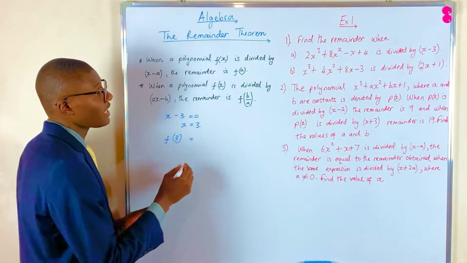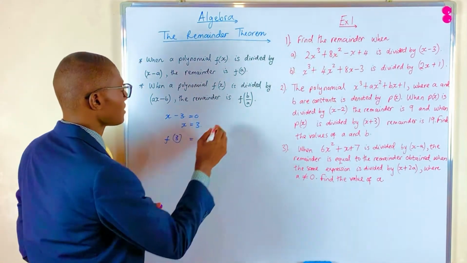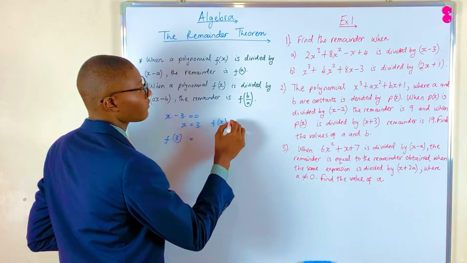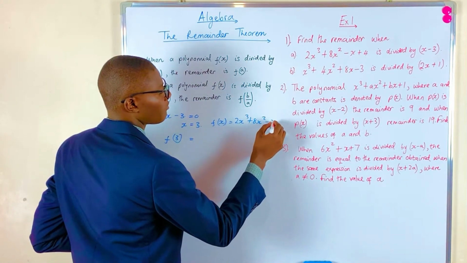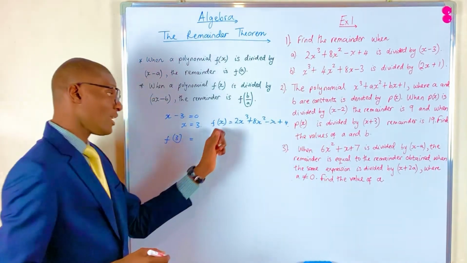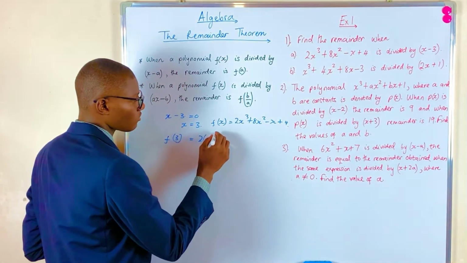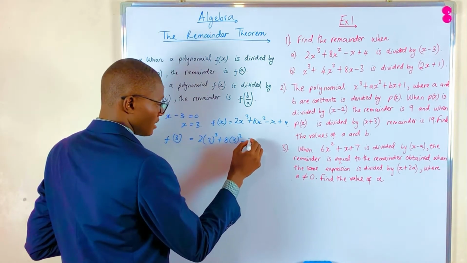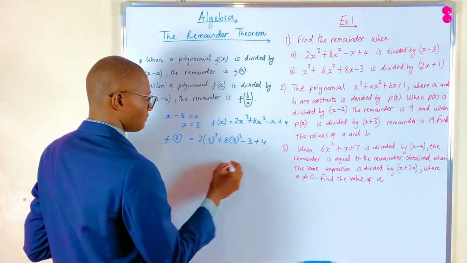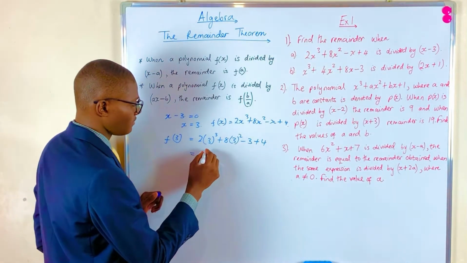So we're simply saying, in place of x, if f of x is equal to 2x to the power of 3 plus 8x squared minus x plus 4, we're now putting 3. So it will be 2 times 3 to the power of 3 plus 8 times 3 squared minus 3 plus 4. This will be 27 times 2 to give us 54.